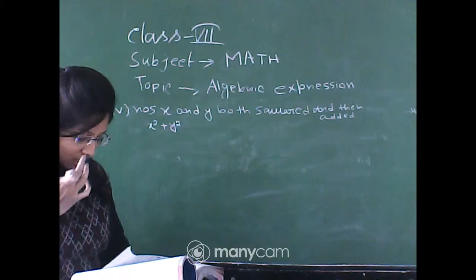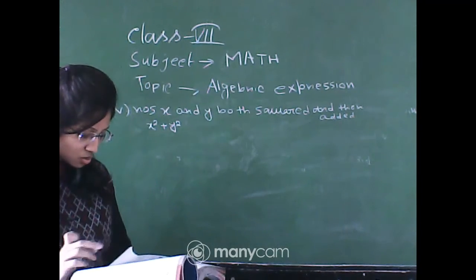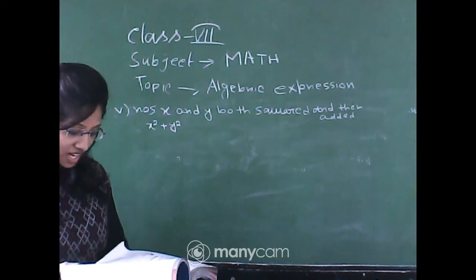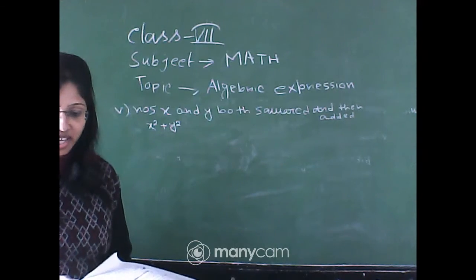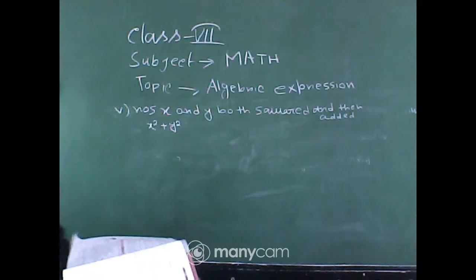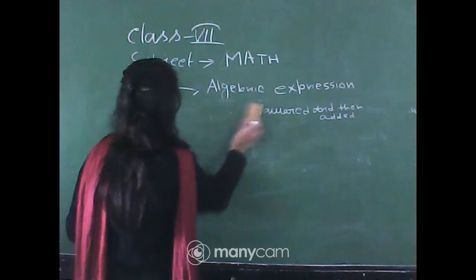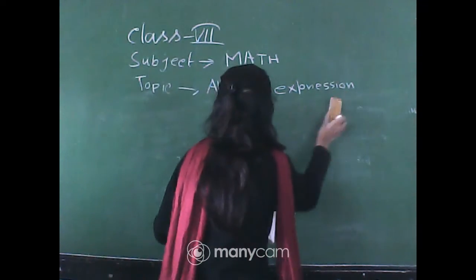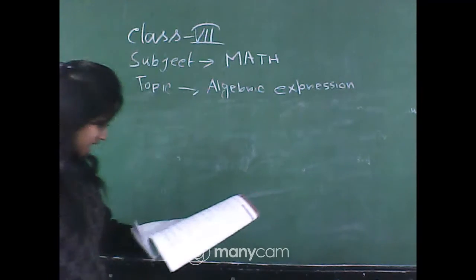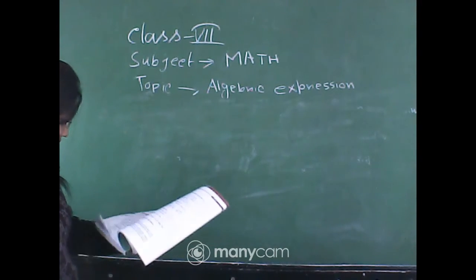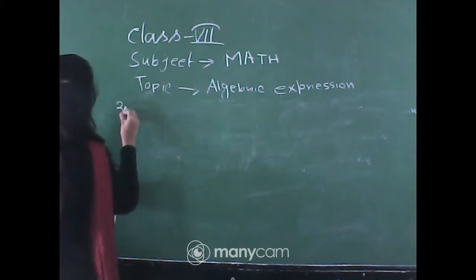Next question, question number 2. Show the terms and factors by tree diagram. First algebraic expression is x minus 3.